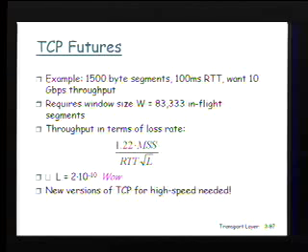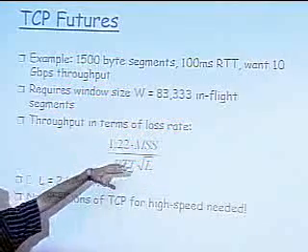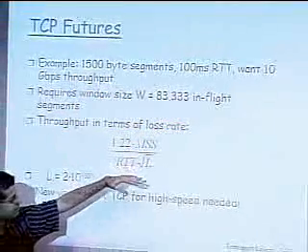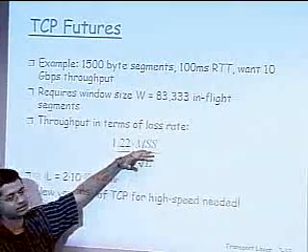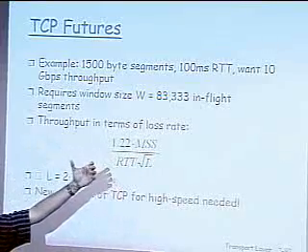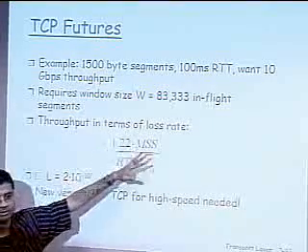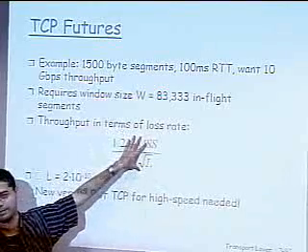So without going through the derivation, this formula is presented, and this constant is roughly what you'll get, 1.22, with some modifications. So this formula is a constant divided by round trip time, times square root of P, the loss rate, times the mean segment size. So mean segment size is the average size of a packet. Remember, the formula that we derived was in terms of number of packets. So this is the throughput formula.